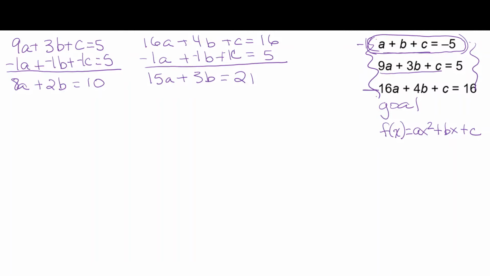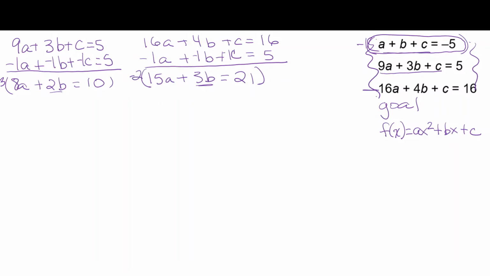Okay, so now I have 2 equations with 2 variables, and I want to solve. I think that the 2b and the 3b can get eliminated pretty easy. So I'm going to multiply this first equation by a positive 3, and I'm going to multiply this equation by a -2.